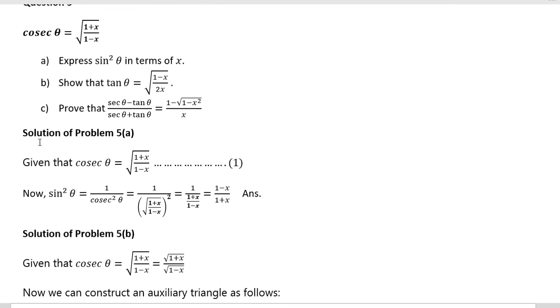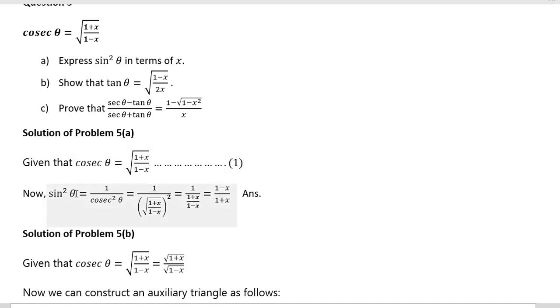So solution of problem 5a. Express sine square in terms of x. So given that cosec theta equals root over 1 plus x divided by 1 minus x. So what is sine theta? You have to express sine square theta. Sine theta will be 1 by cosec theta.